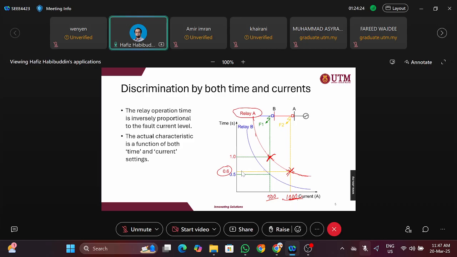Because you see 1000 amp here, it takes relay A 0.5 to operate, which is slow, but 500 amp is 0.5, which is fast. So if you compare these two relays, the principle of having a faster tripping time for higher current does not hold anymore.